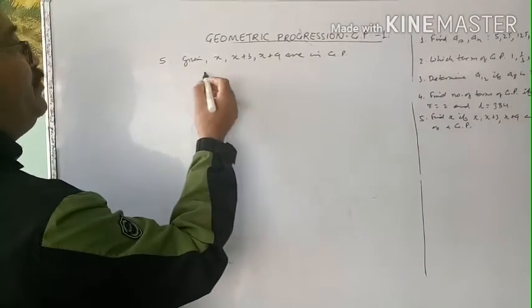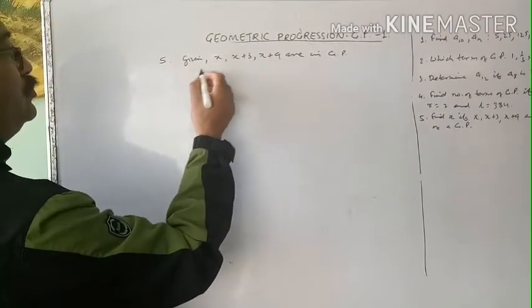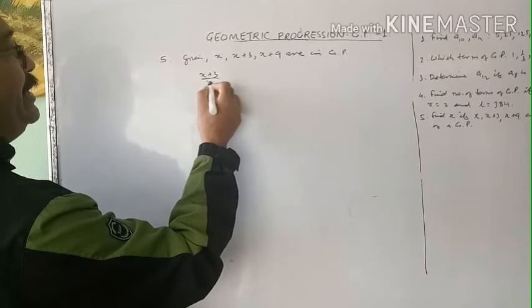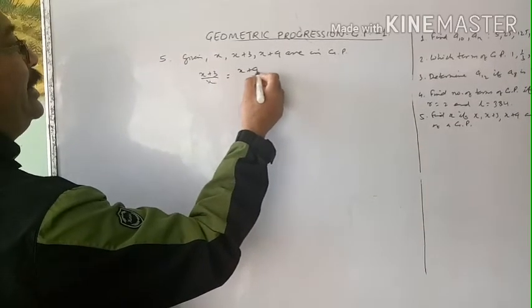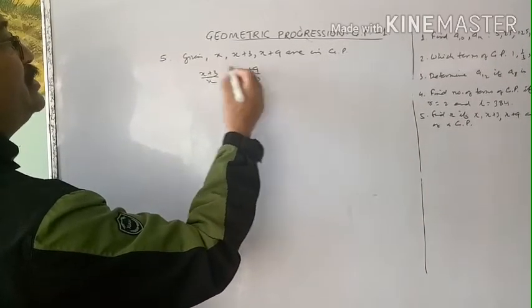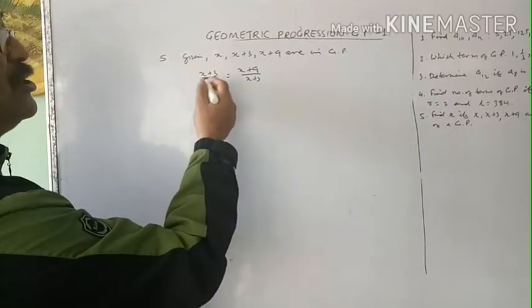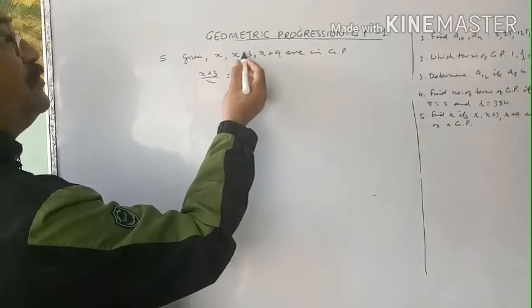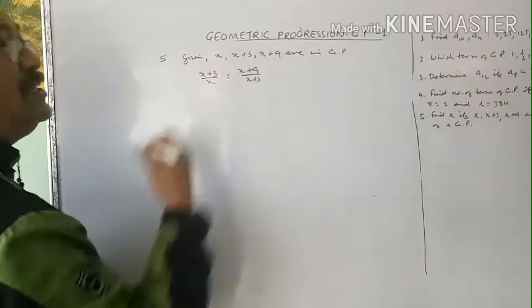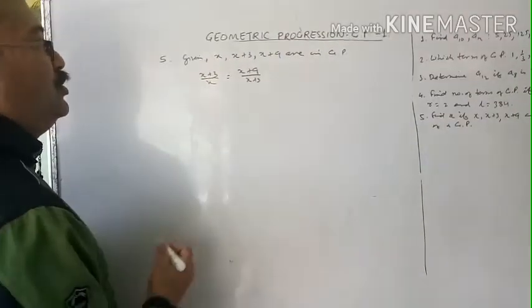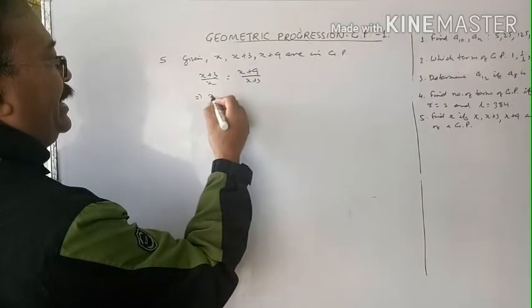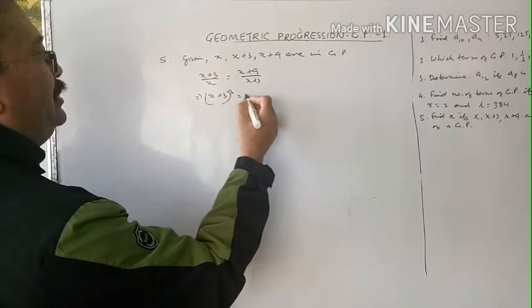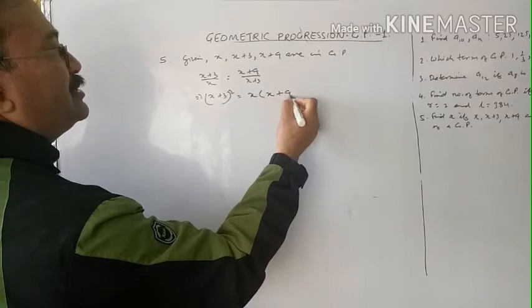Since they are in GP, the ratio x plus 3 by x must be equal to x plus 9 by x plus 3, because if they are in GP, their common ratio must be equal. The ratio of any term to the previous term must be constant. If you cross multiply, you get x plus 3 whole square is equal to x into x plus 9.